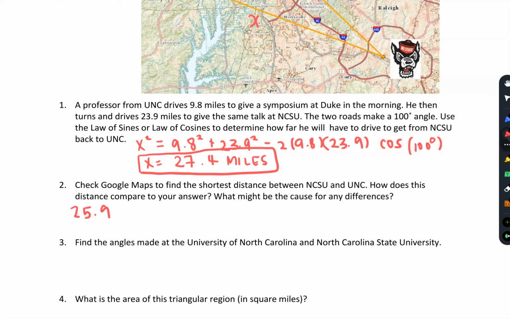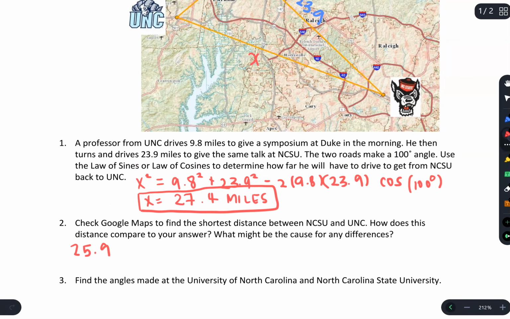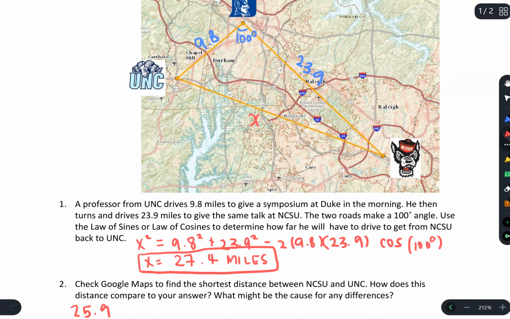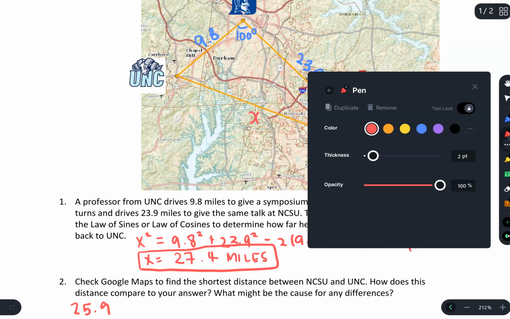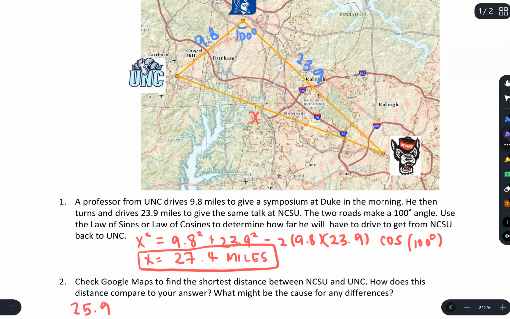Okay, good deal. Find the angles made at the University of North Carolina and North Carolina State University. If I want to find these angles, of course, you can use law of cosines again and again, but let's label these.